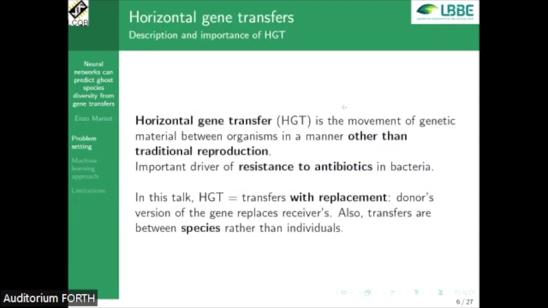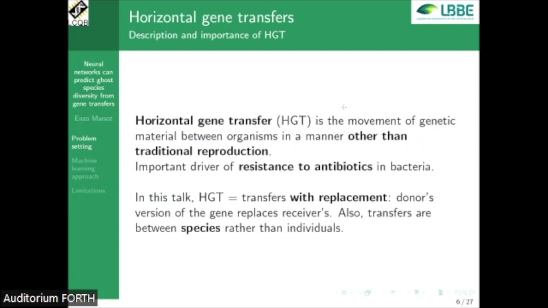So horizontal gene transfer is the movement of genetic material between organisms in a manner other than traditional reproduction. You can imagine two bacteria, one of which sends one of its genes in some box or something to another bacteria. It's actually very important for bacteria because it is a factor of resistance to antibiotics.